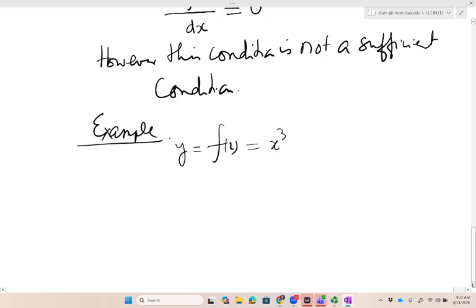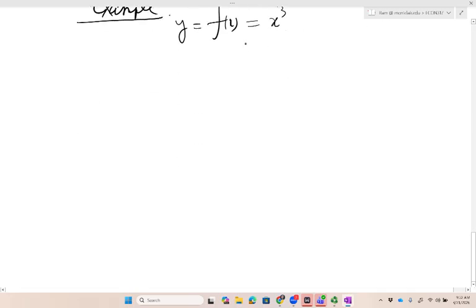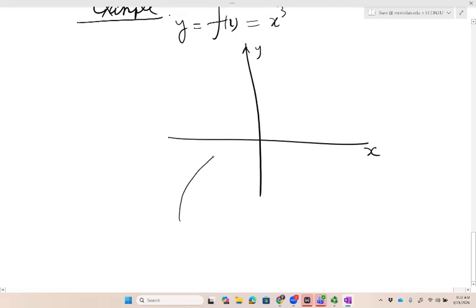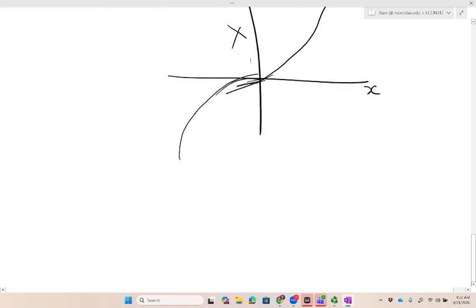Let me just draw a graph for this function. So we have x here, we have y here, and this is the cubic function. So it goes like, it is 0 at x equal to 0, and then it is increasing all through. No, let me draw another one. It doesn't look good, so I will draw another one, just to emphasize that the function passes through the origin.